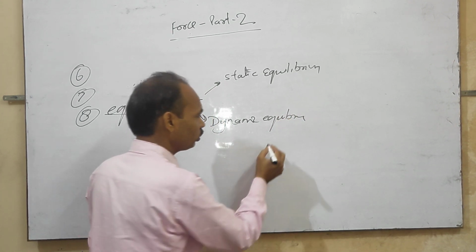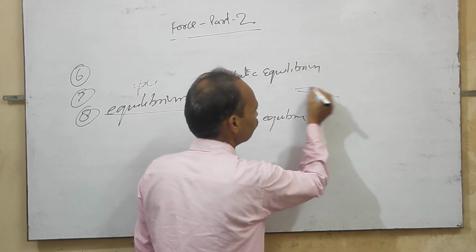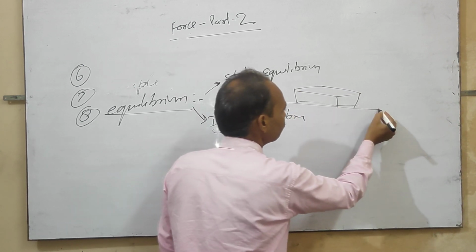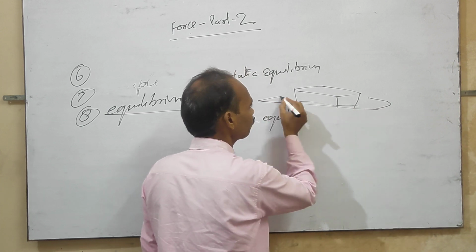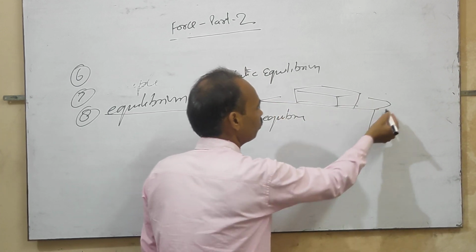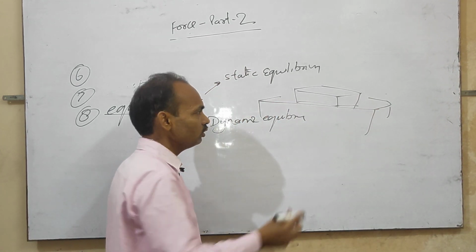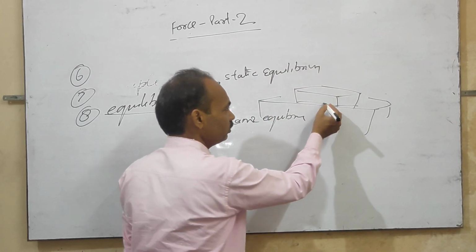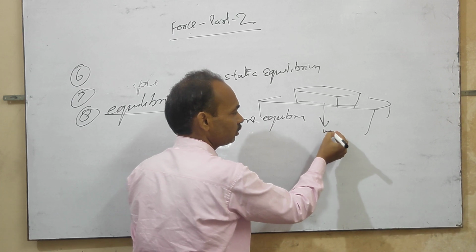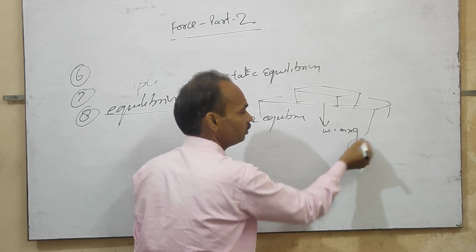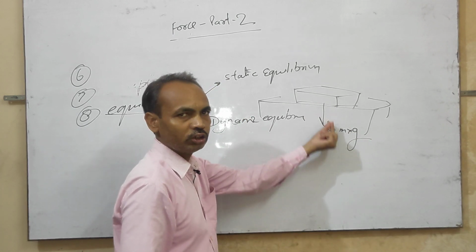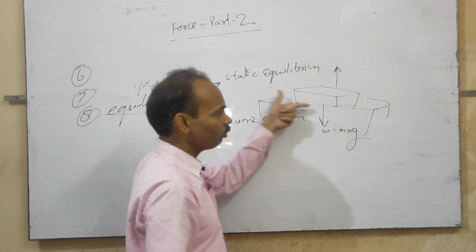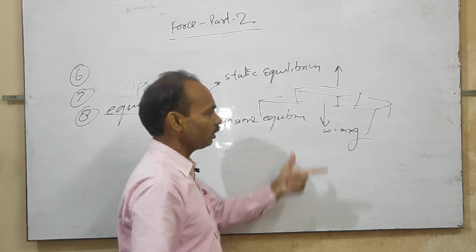If a book is kept on a table, then four types of force work on the book. First of all, the weight of the book acts downward, W is equal to M into G, and the reaction force is upward, and the friction force also works on the table.